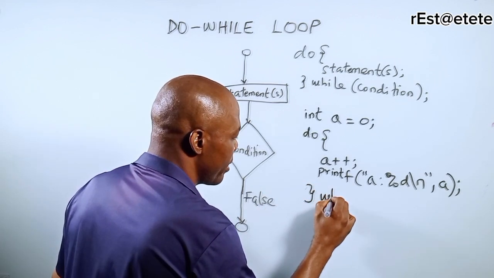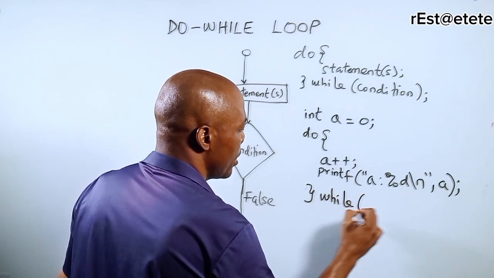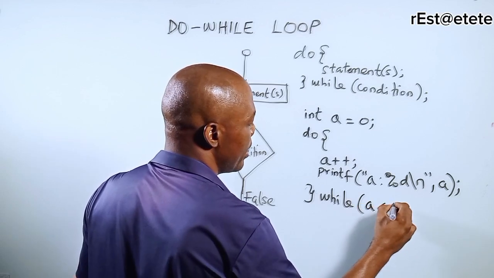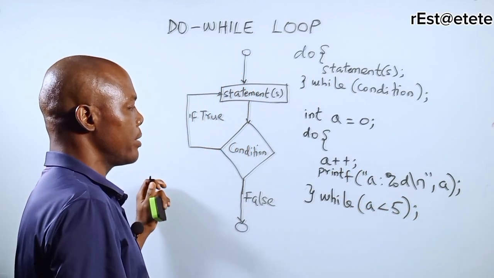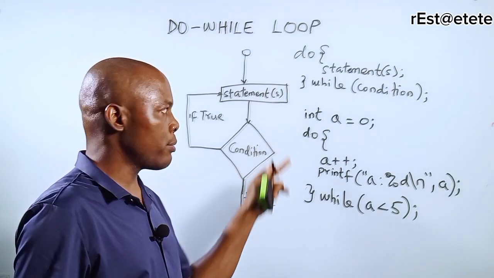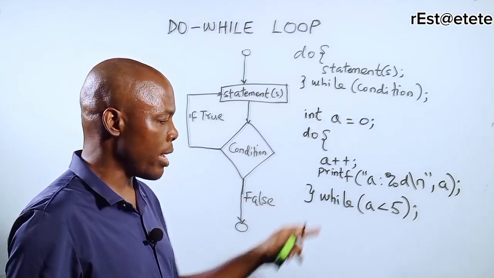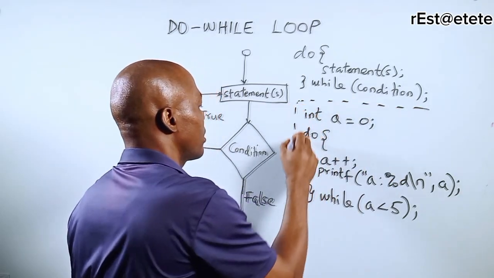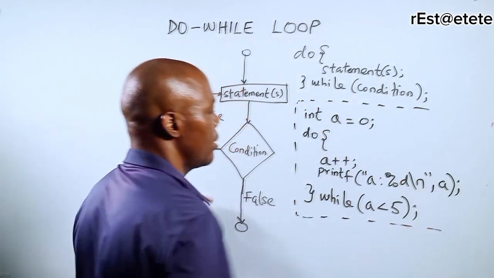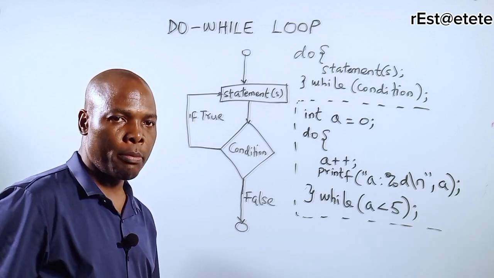Then I'll say while the condition is a < 5. I'll write this. This is not a full program, so I didn't put it inside my main, and I'm not putting the return. I'm just putting this to explain. So this is my program.